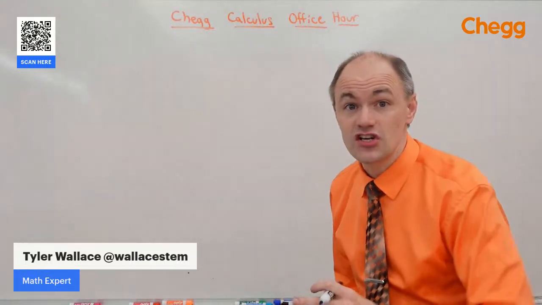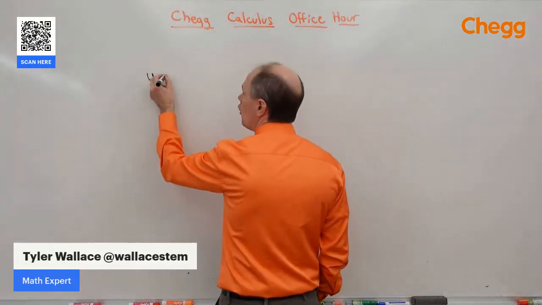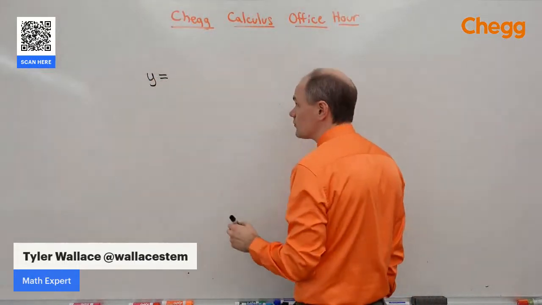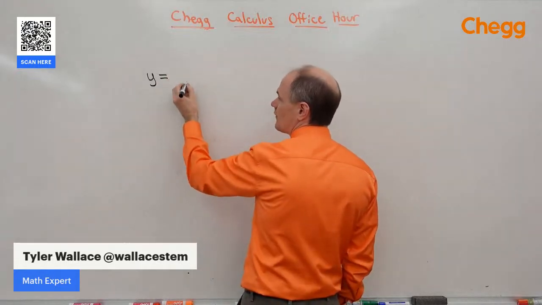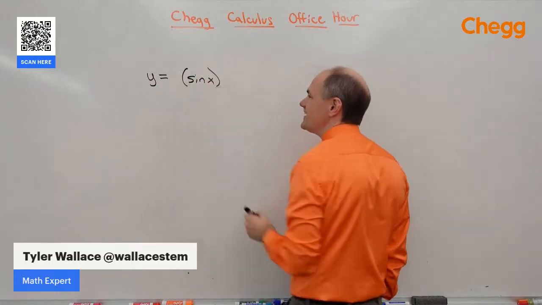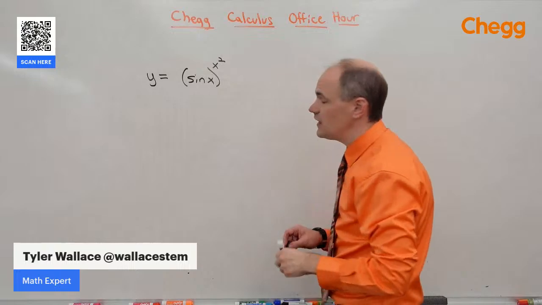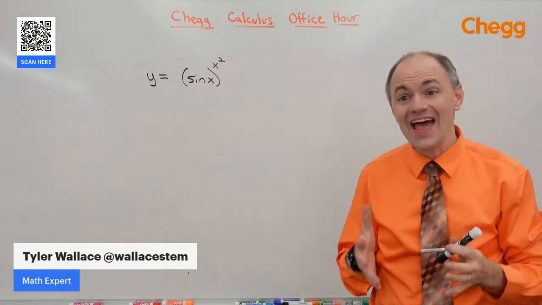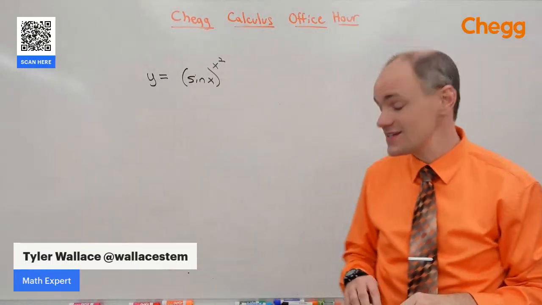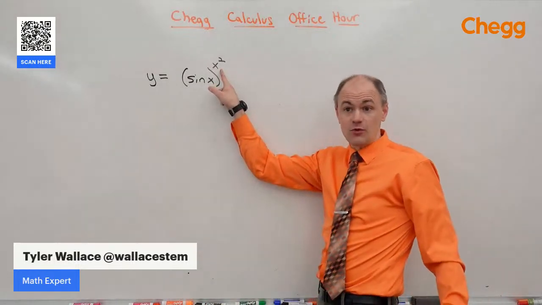Logarithmic differentiation. We have to use logarithmic differentiation whenever we want to take the derivative of something that has the variable in the base and in the exponent. If the variable is in both the base and the exponent, the only way we can take the derivative is first get that out of the exponent.